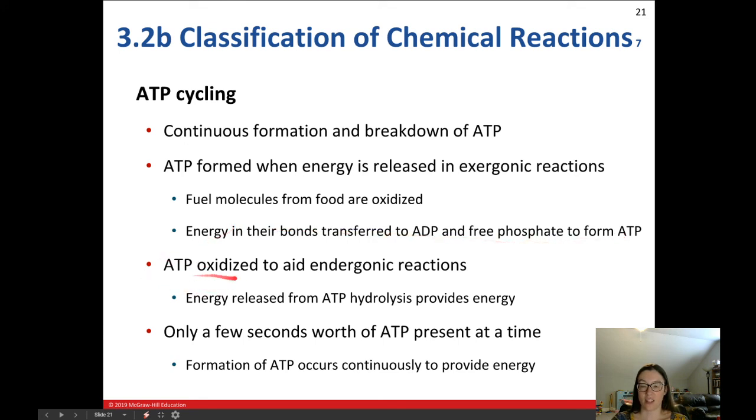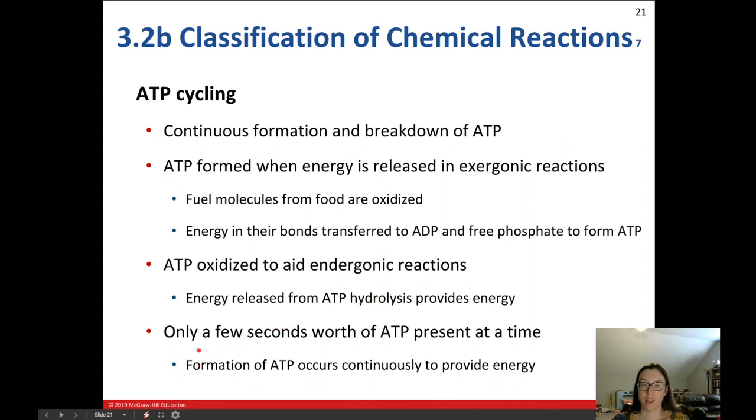ATP is then oxidized to aid in the endergonic reactions, right? We said endergonic reactions need energy to go, and usually ATP is what is going to be used to fuel that reaction. So the energy released from the hydrolysis of ATP, from taking the phosphate off the end of that ATP, provides energy in order to cause those endergonic reactions to be able to go.